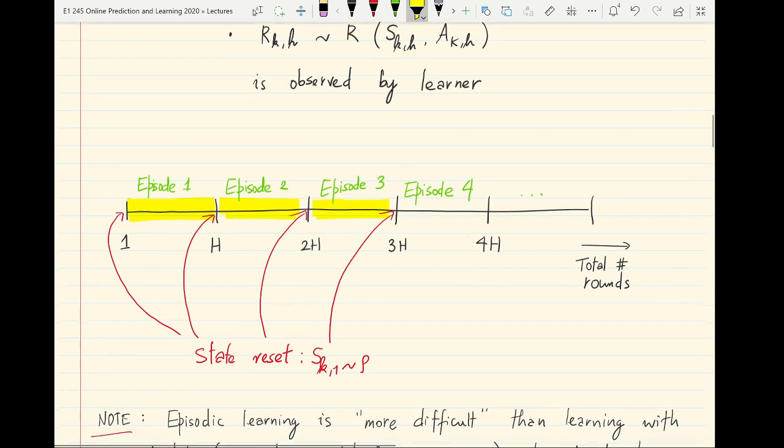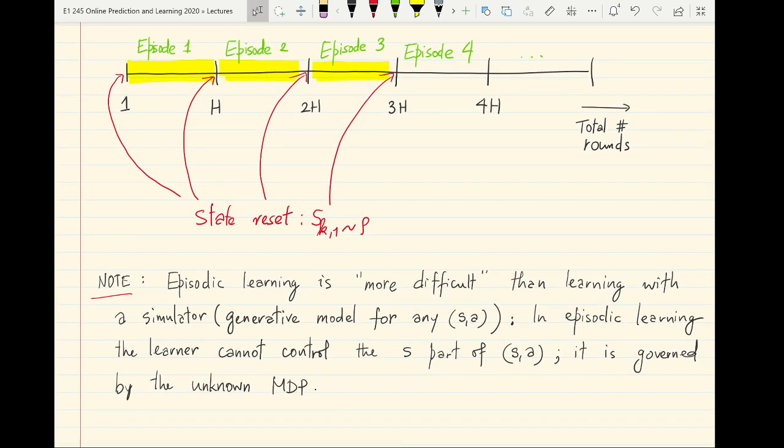Okay, and one comment that is worth making here is that this episodic learning framework, in some sense, is more difficult or more challenging than learning with a simulator or a generative model. Basically, because of the reason that in episodic learning, the learner cannot really control the state evolution part of what happens when an action is played at a certain state.